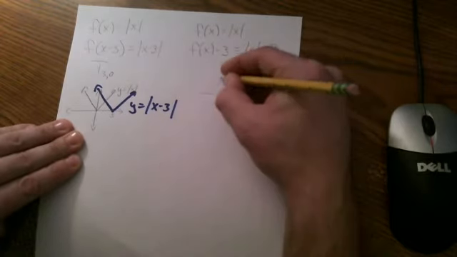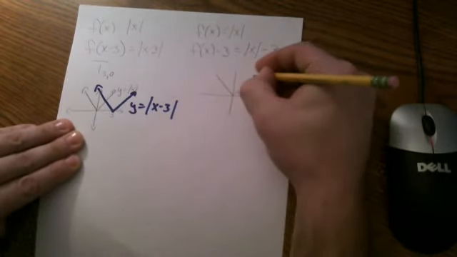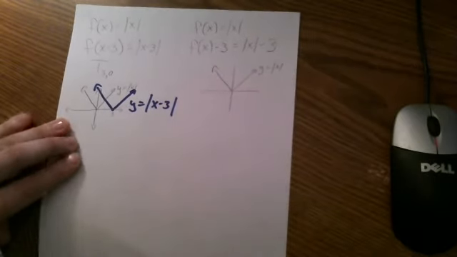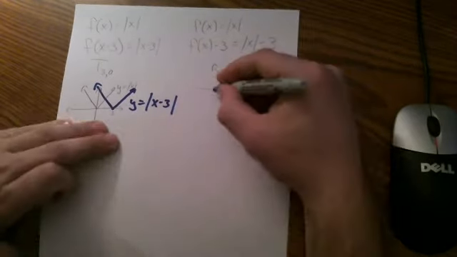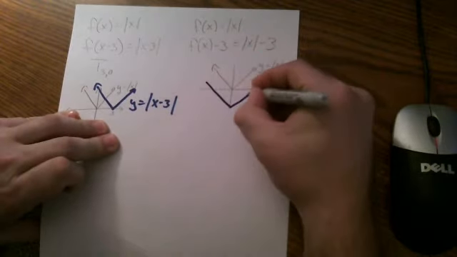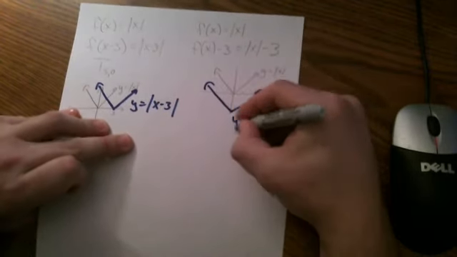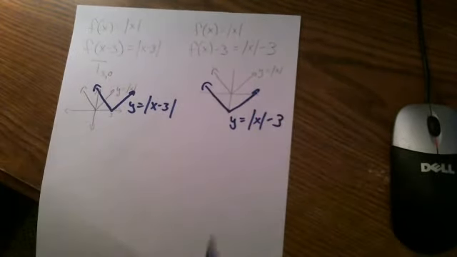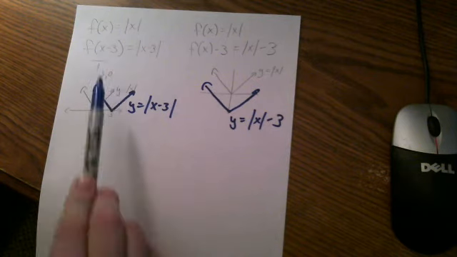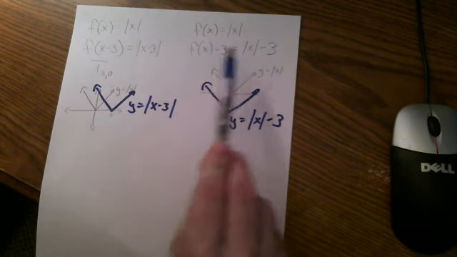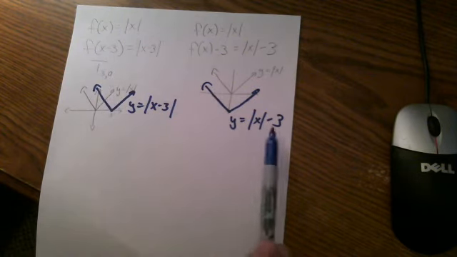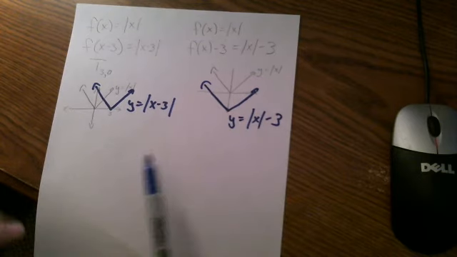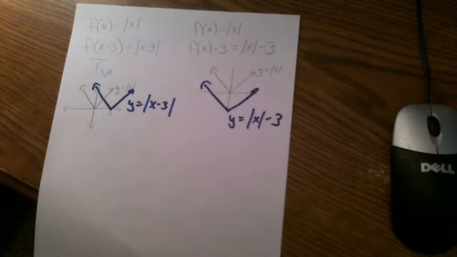So here's the graph of y equals the absolute value of x, which means the graph of y equals the absolute value of x minus 3 looks like that. So now we're not only familiar with using function notation to recognize the translation, we're also familiar with the equation and its effect on the graph, and conversely, the graph and its effect on the equation.